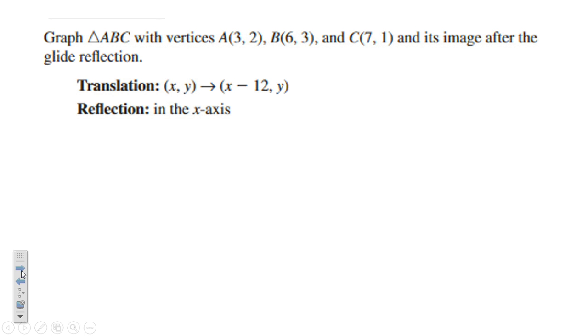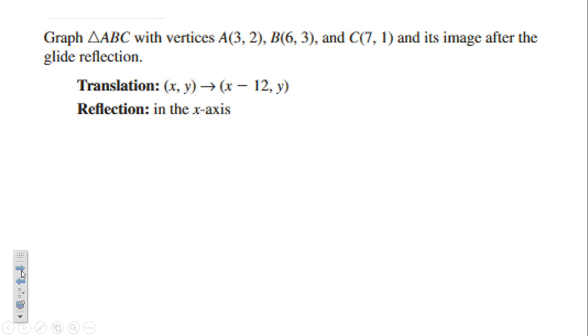All right, so we've got our translation. Now we want to reflect it. Because we went horizontally when we translated, we're okay to reflect it across the x-axis. That's the horizontal axis.